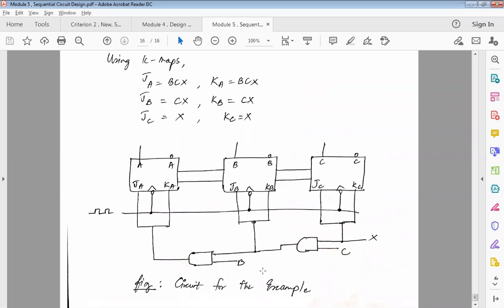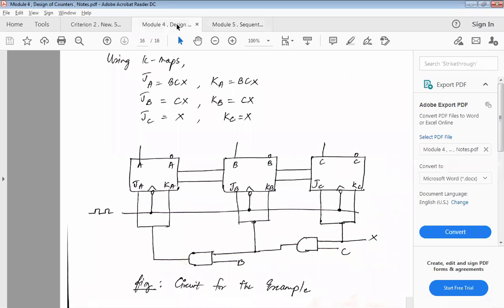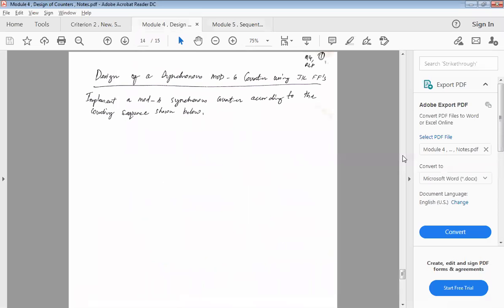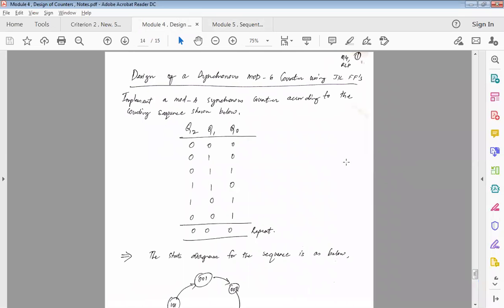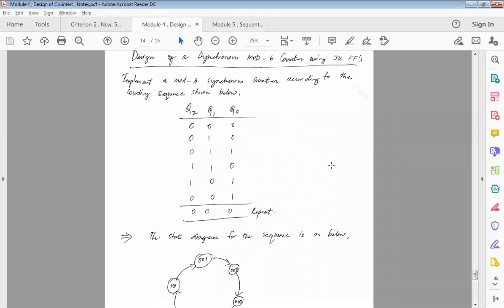No, sir. Okay, fine. So we will be looking into another concept, which is nothing but your counter design. This is also related with your previous lecture, but this is with respect to a synchronous mod 6 counter.